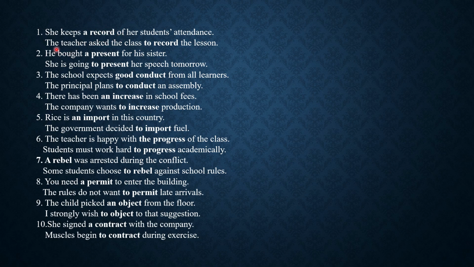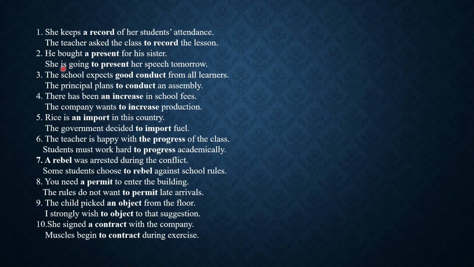Then part 2 of number 1, the teacher asked the class to record the lesson. To record comes out as a verb or the action, and you can easily see that it is having the infinitive to attached to it, and the verb formed is in the present tense, record.